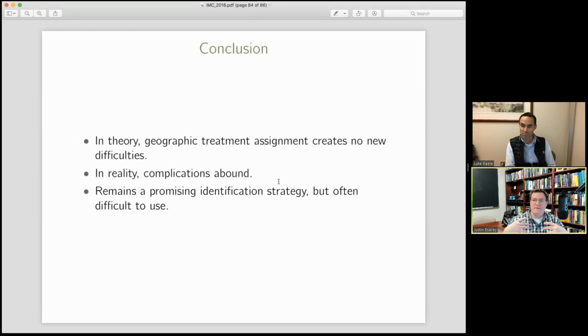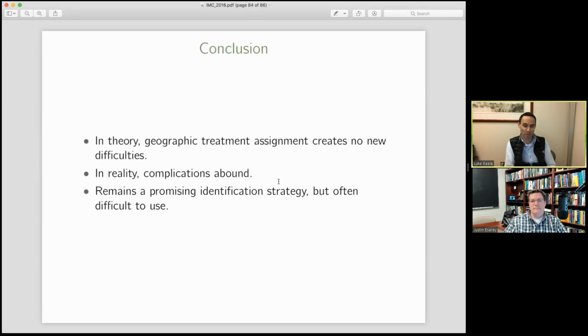There's been a lot of recognition over the last 10 or 15 years that moderation and treatment heterogeneity are important. I'm wondering if you think that generic problem of RDDs gets better or worse when you're using a geographic boundary as the discontinuity.